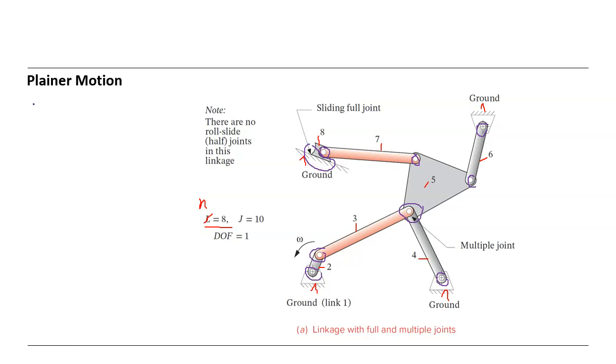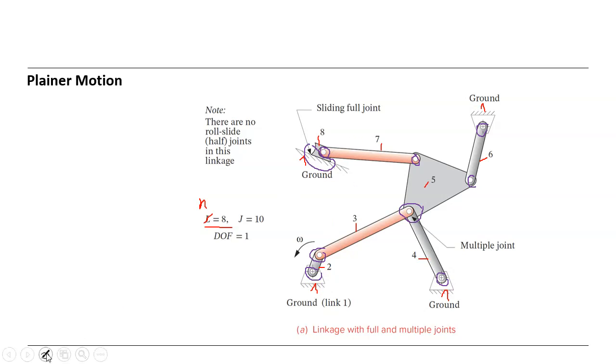Let's see how many joints we have with 1 degree of freedom. Here we have 1, 2, 3, 4 grounded.